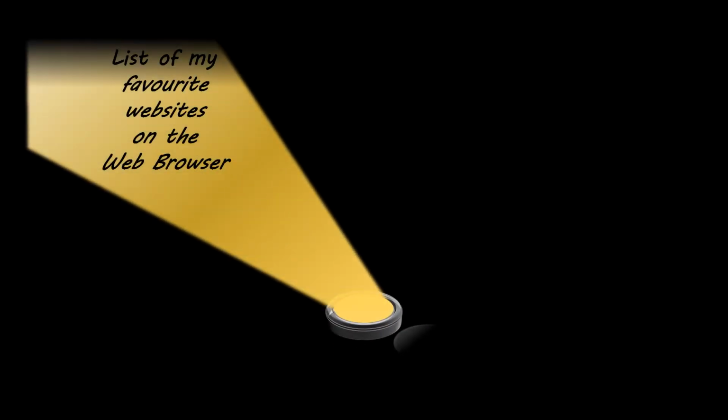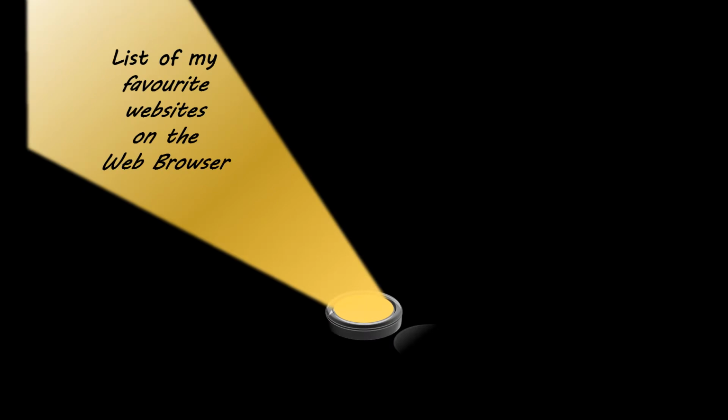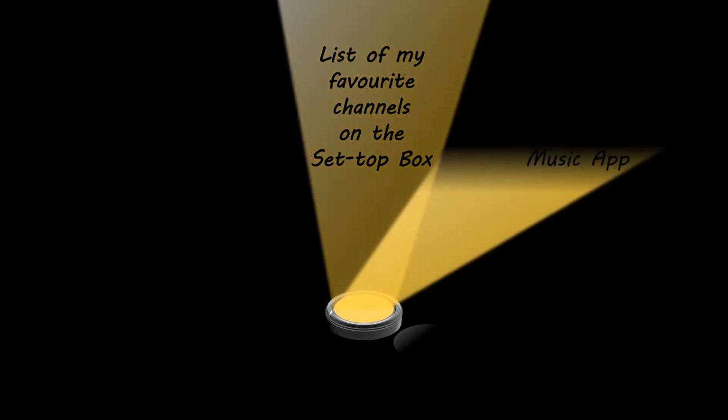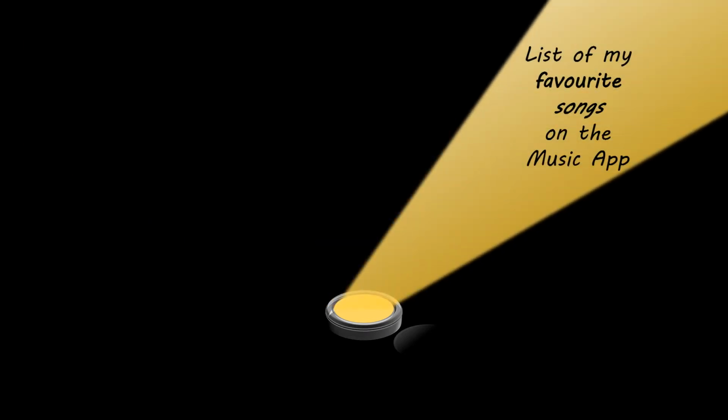We know that for our convenience, we create a list of frequently visited websites on our desktops, a list of favorite channels on a set-top box, and a list of favorite songs on a music application on our mobile. We can consider these as sets. Let F be the list of frequently visited websites by me.